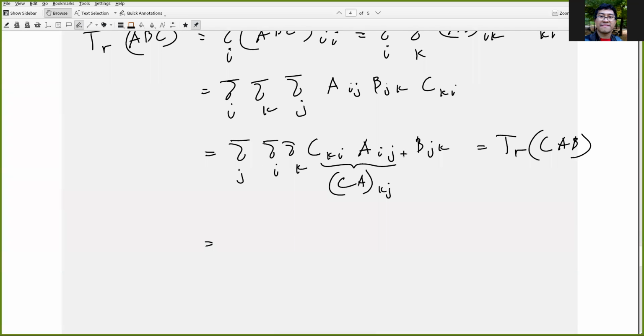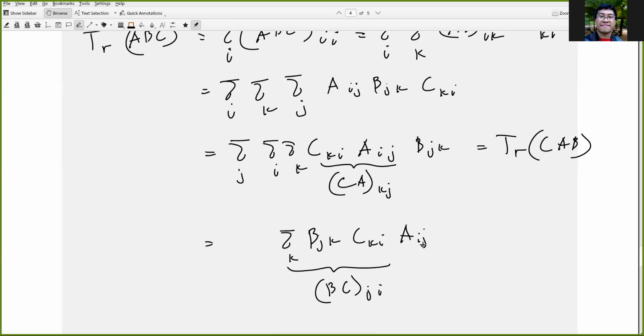Similarly, let's say we want B_jk to go first, then C_ki, A_ij. We can sum these two first, summing over all k, and that would be BC_ji.